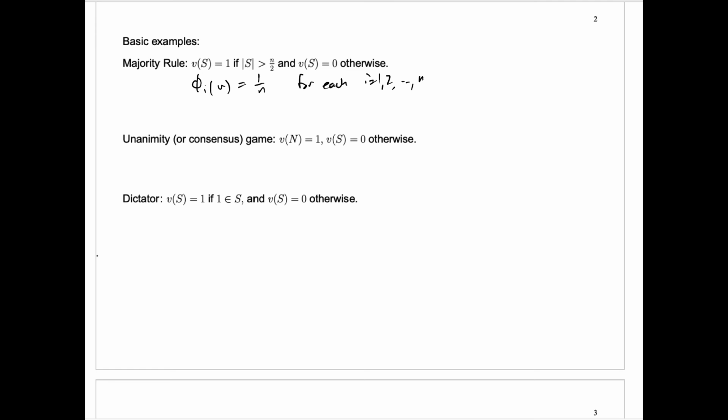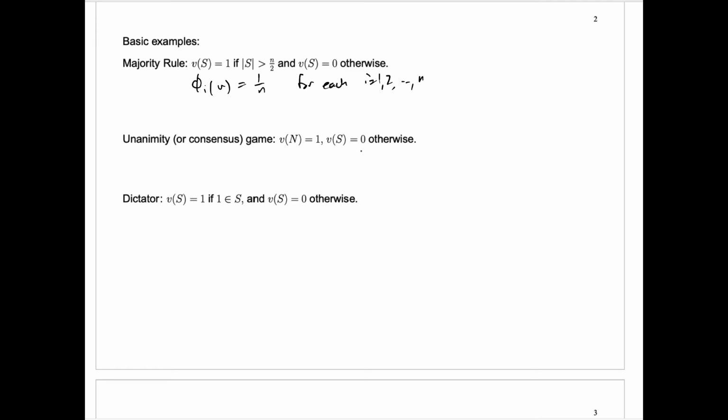Here's a different sort of voting system. It takes a unanimous vote for something to pass. In such a system, the value for the grand coalition is 1, but the value for every other coalition is 0. This is a very different sort of voting system. Many fewer ideas or choices will be approved, only if there's unanimous consent.